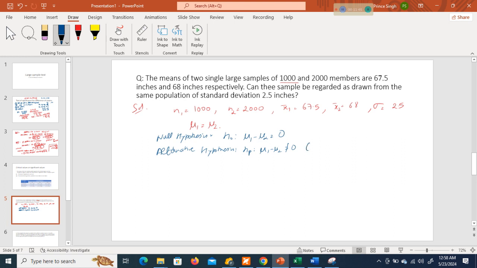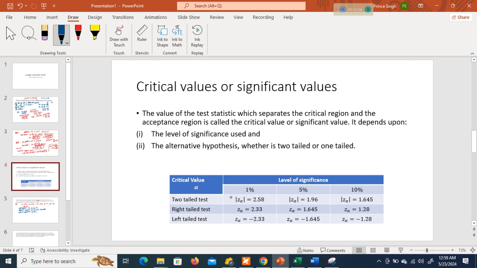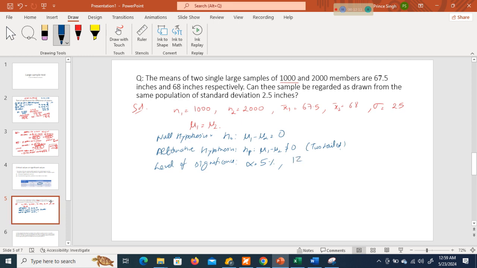So basically it is a two-tailed alternative. What will be the level of significance? It is not given, so by default we consider 5%, and for two-tailed at 5% level of significance, the value of mod of Z alpha is 1.96.